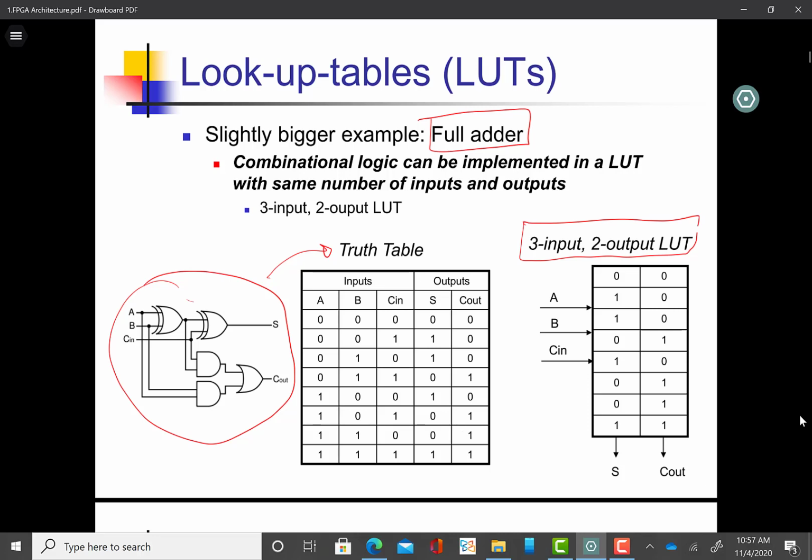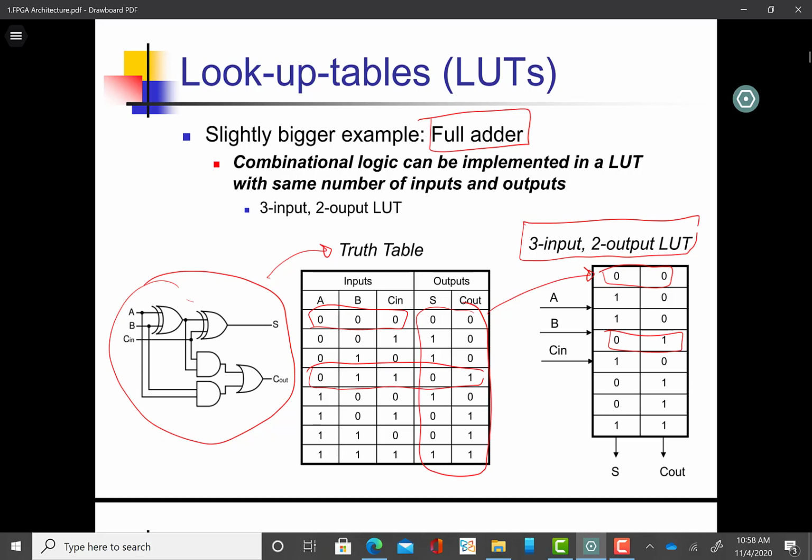And what we need to do is store these 2 columns here at the corresponding address. So on 0 0 0, which is our first address, we store 0 0. Let me take another address, for example 0 1 1, so this is location number 0 1 2 3, and you see on the third location we have a 0 1.